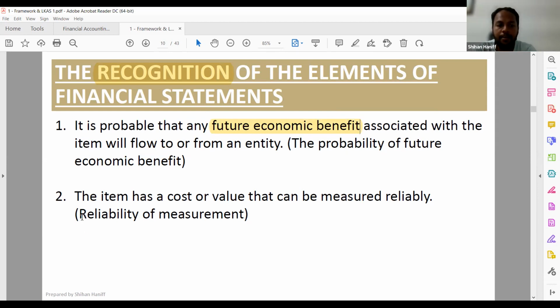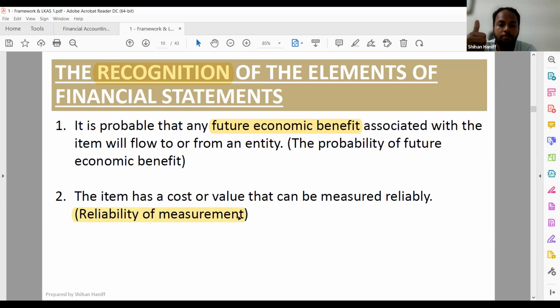And the second part is measurement. You should be able to measure reliably. So 2 points: future economic benefit, reliable measurement. To recognize an asset in the financial statement, you should have 2 points.